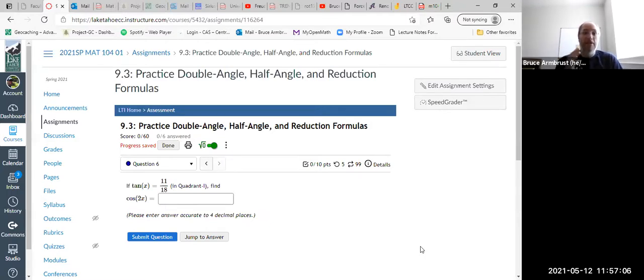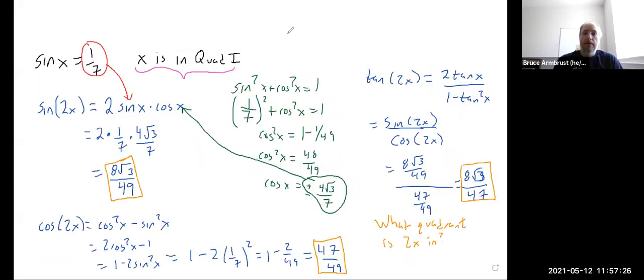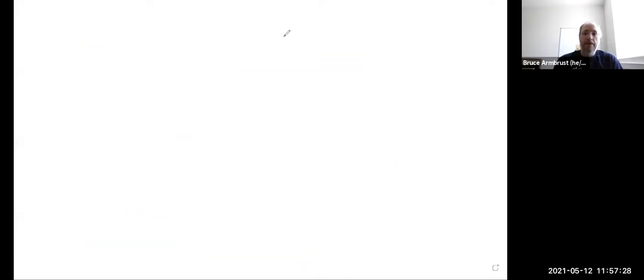We don't have to find sine, cosine, and tangent. We're just finding cosine of 2x, and we were given different information. But let's tackle it the same way. So I'm going to go ahead and switch back to the whiteboard, and I'll clear all of this.